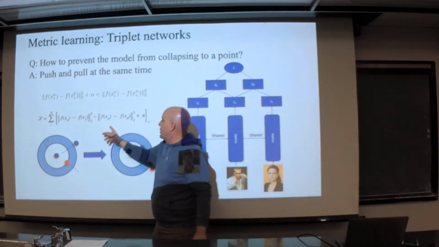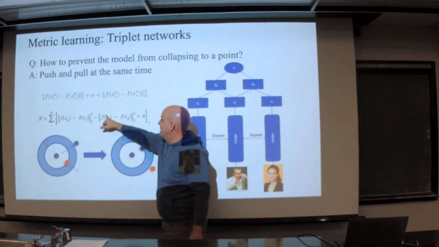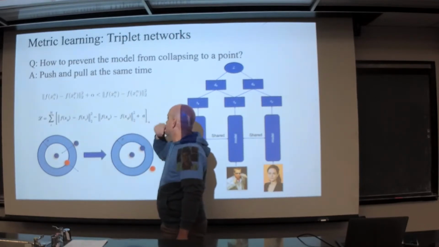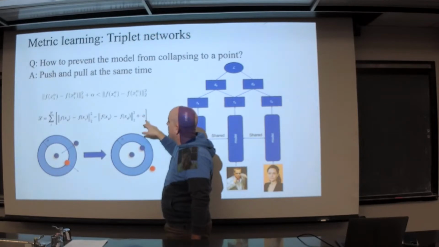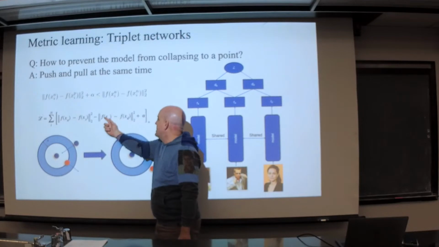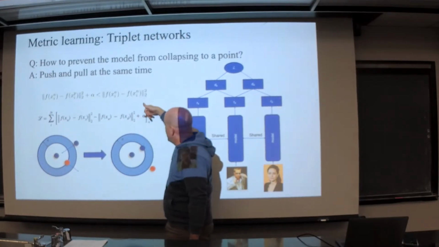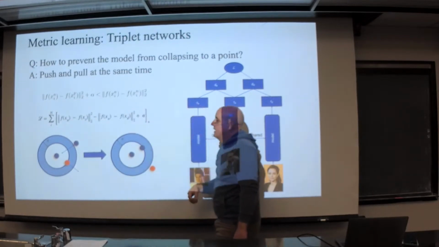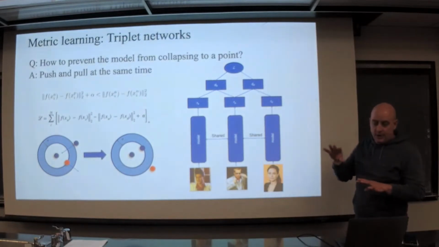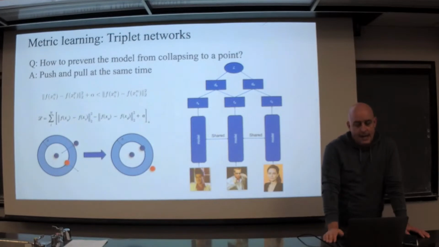If we make this as small as possible, that's a problem because it will get to 0 and we'll have an alpha here. So what we want is for this to be at the level of alpha or greater when optimizing, and that's why you have the minus sign and the margin added there. So this is the formulation for a triplet network, and it works great.